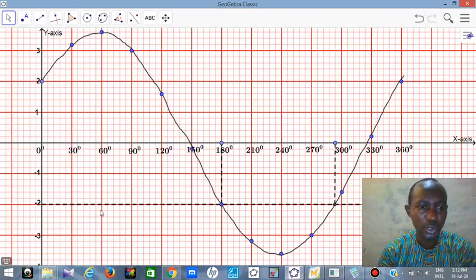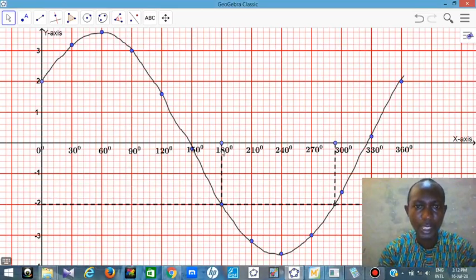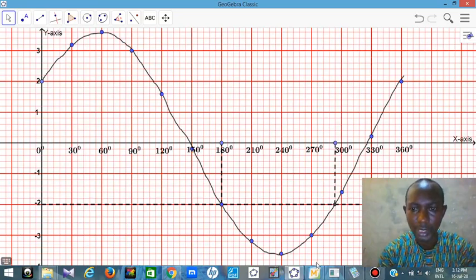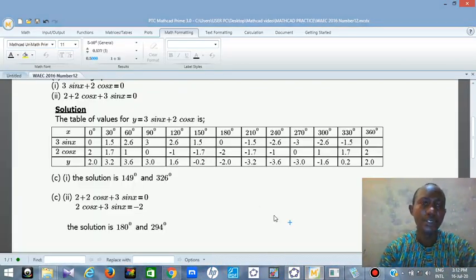From -2, you draw your straight line, using broken lines like this. Where it crosses the graph, this point and this point, trace it up to your x-axis. This one meets the x-axis at 180 degrees, while this other one meets the x-axis at 294 degrees. So those are the two answers, and that is all about this question.